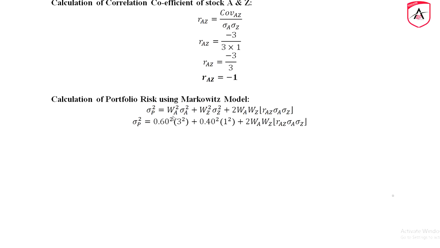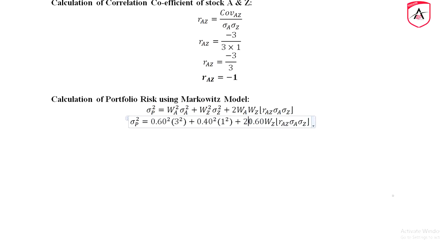Investment in security A is 0.60, that is 60%, squared, and standard deviation of security A is 3, squared, and investment in security Z is 0.40, that is 40%, and risk of security Z, that is standard deviation, is 1 squared.